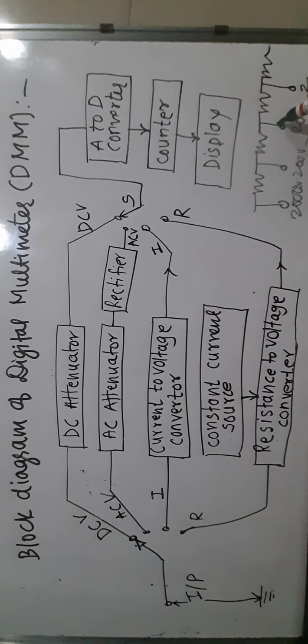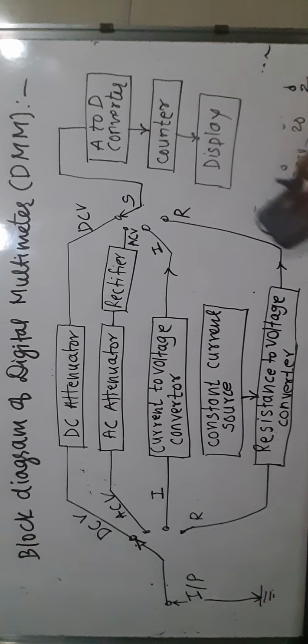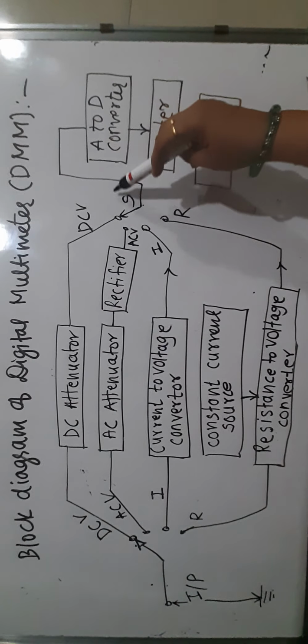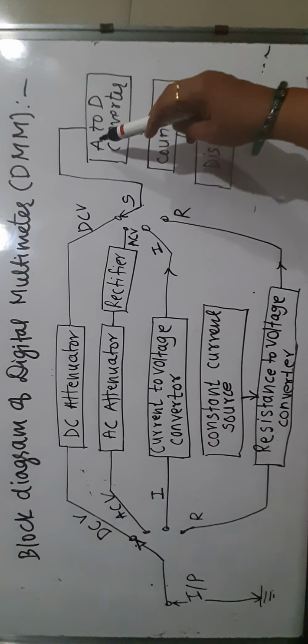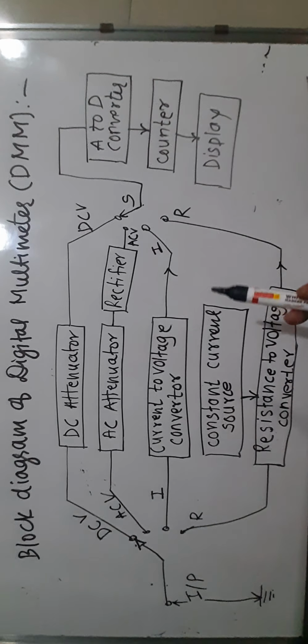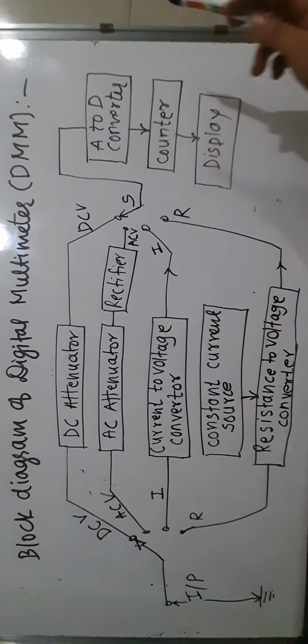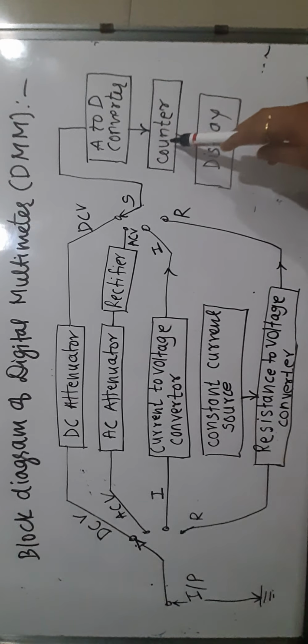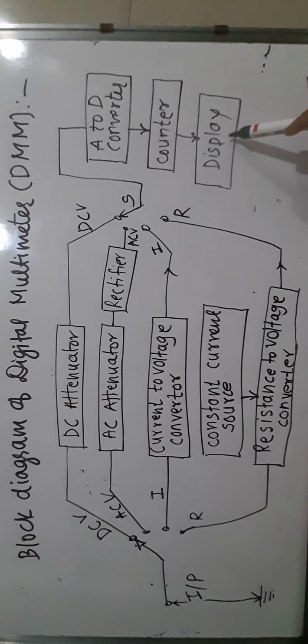Such type of range selection is given by using DC attenuator circuit. Now this DC voltage is first in analog form, we have to convert it into digital form by using analog to digital converter. Then it is given to counter, where counter counts number of clock pulses and they are displayed on the screen.